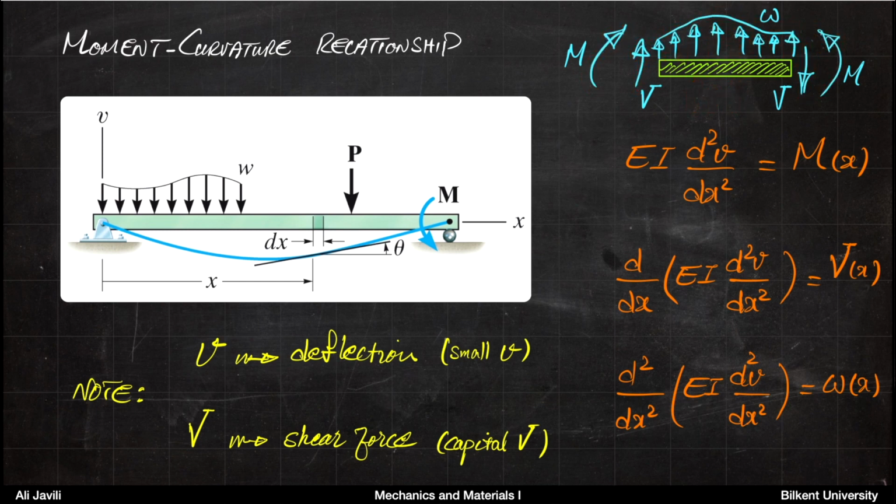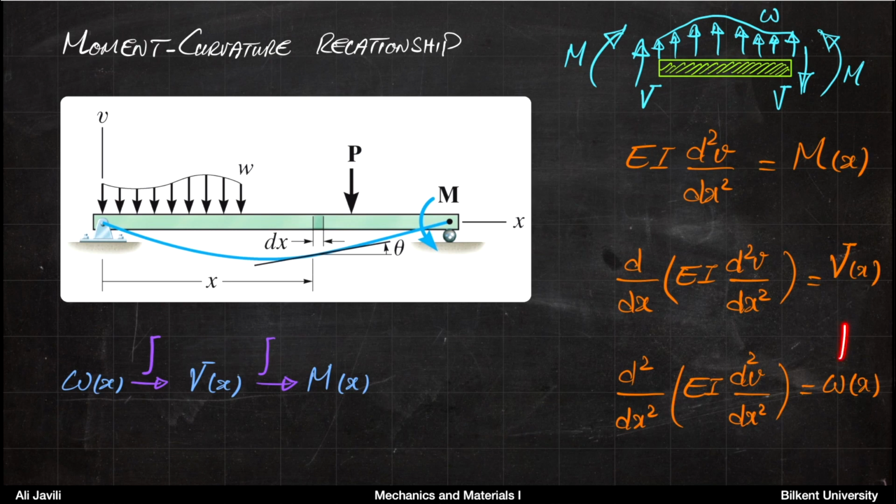Another important thing here is that the small letter v is deflection and the shear force is the capital letter V. So they should not be confused. This one is a small letter, this is deflection, and this one is capital letter V, that's shear force.